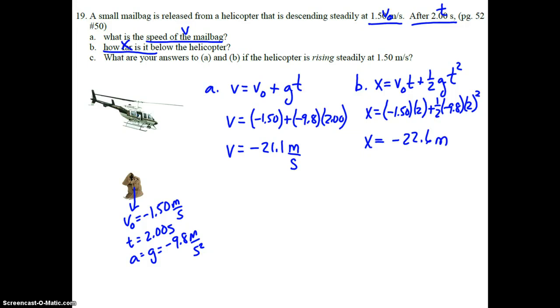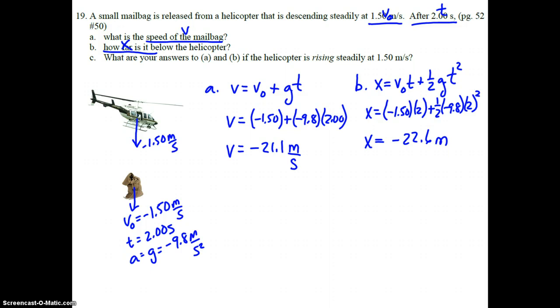However, the question did not ask how far has the bag fallen, which is what the answer so far is. It says how far is it below the helicopter. Well, the key here in B is that while the bag is falling, the helicopter is also descending at 1.50 meters per second. Okay?